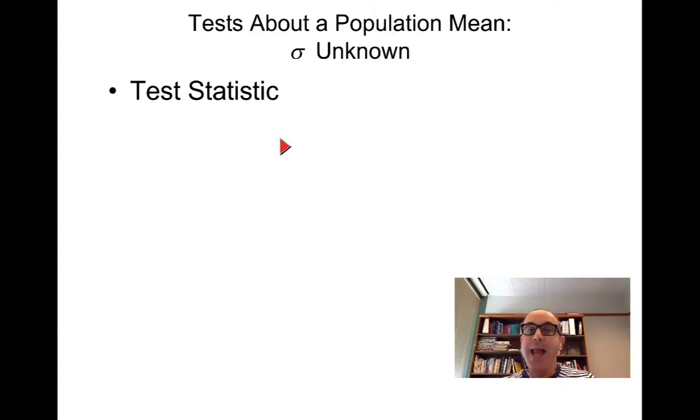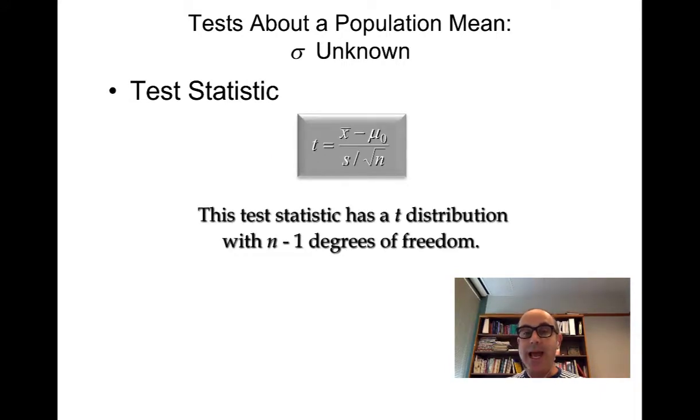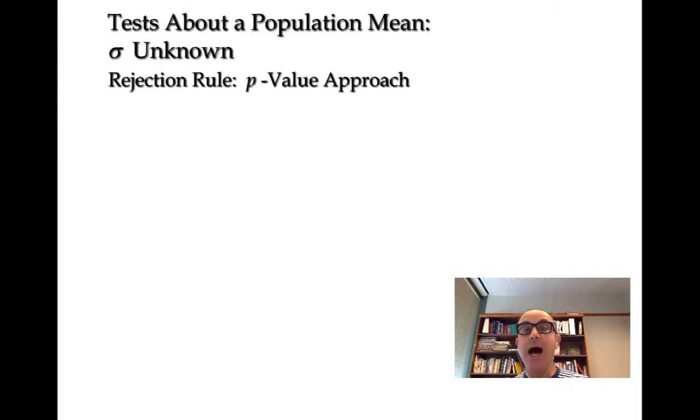Another way to test the population mean when the population standard deviation is unknown is the t statistic. The idea here is that we are using the t distribution with n-1 degrees of freedom. So how do we do that?